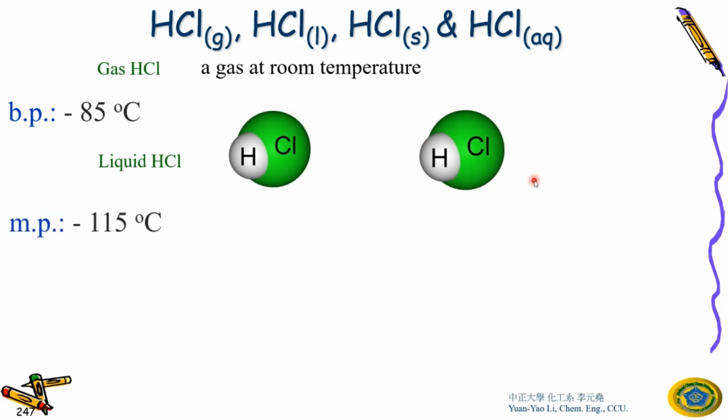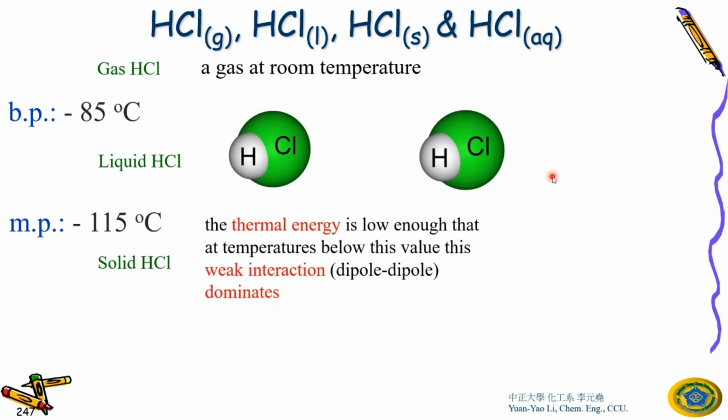However, if you reduce the temperature down to minus 115 Celsius, it becomes solid. The thermal energy is low enough at temperatures below this value that weak interactions dominate. Weak interaction between molecules means that dipole-dipole interaction dominates this situation.